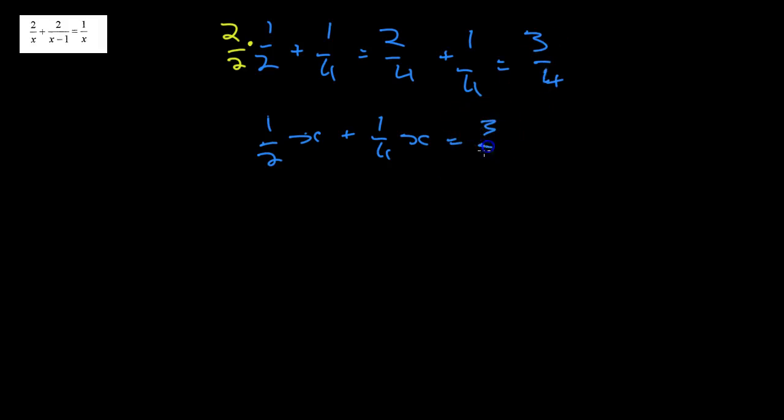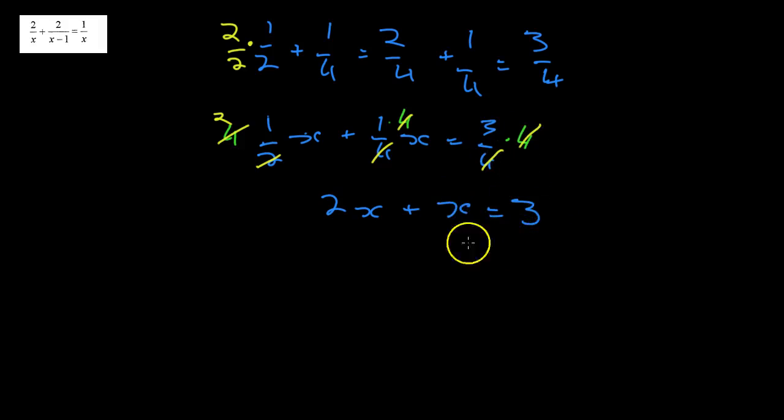What you could do, since this is an equation, is multiply through by 4 each term. And what would happen is that your 2 would cancel out here, your 4 would cancel out, your 4 would cancel out. So you'll have 2x plus x equals 3, right?